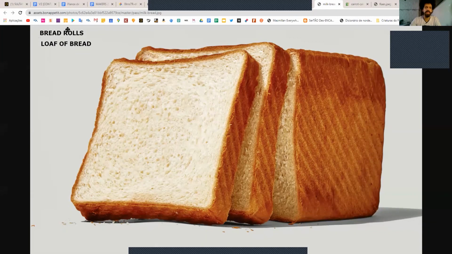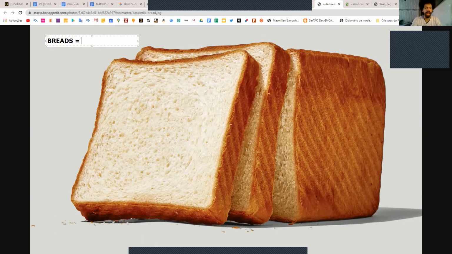Give me please 3 bread rolls. Give me please 2 loaves of bread. This is what we can say. But there is plural for bread. You can say I'm selling breads. This store has breads. What is the plural of breads used for?